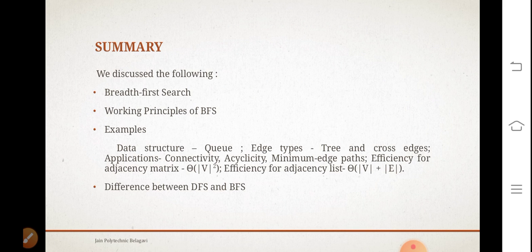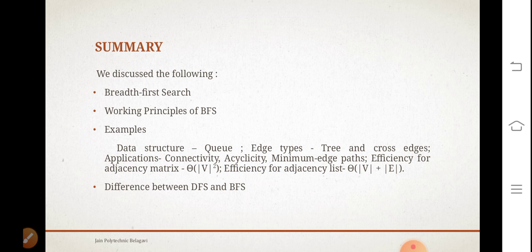So let us summarize what we discussed so far. We discussed what breadth first search is, the working principles of the breadth first search algorithm, then examples, and the data structure used in breadth first search is a queue. Edge types are tree and cross edges. Applications of these searches are connectivity, acyclicity, and minimum edge paths.